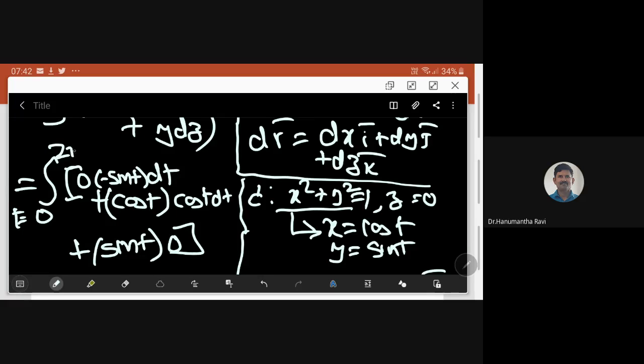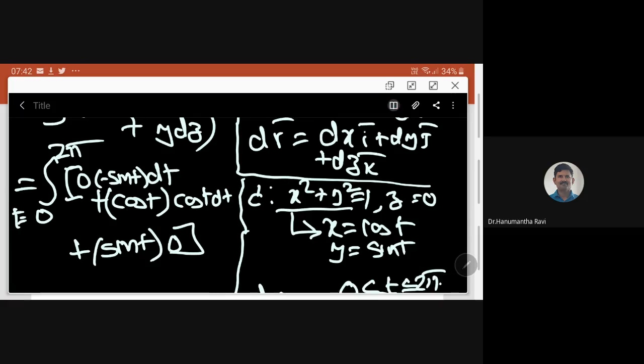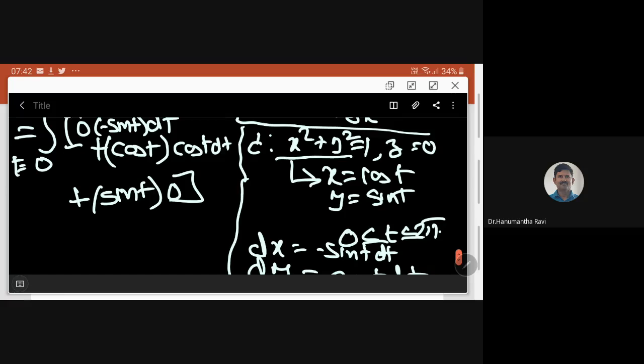See, we converted the whole thing into an integral involving one variable t. So this is the integral from 0 to 2 pi of cos square t dt.